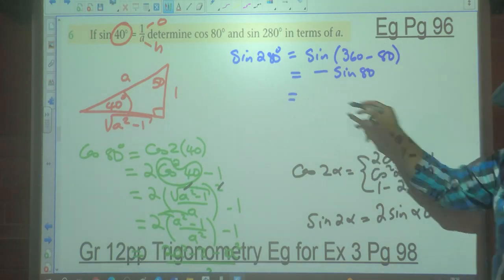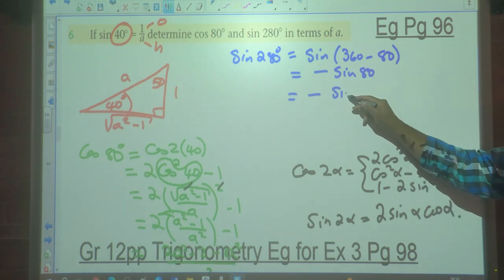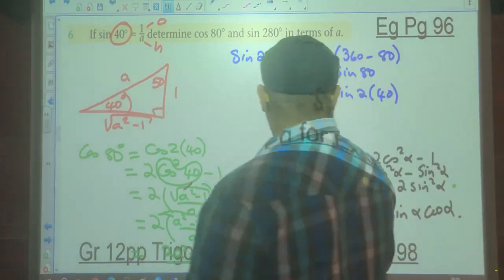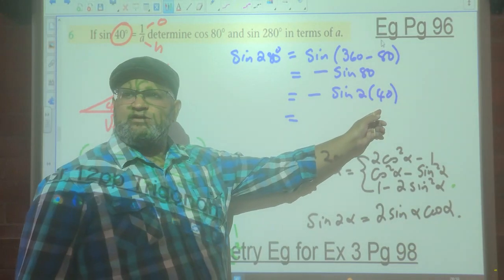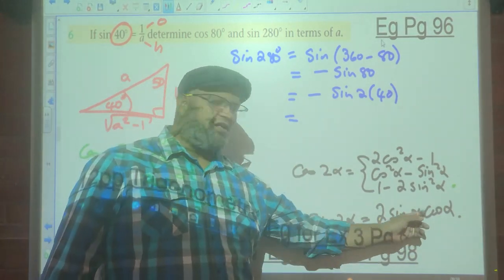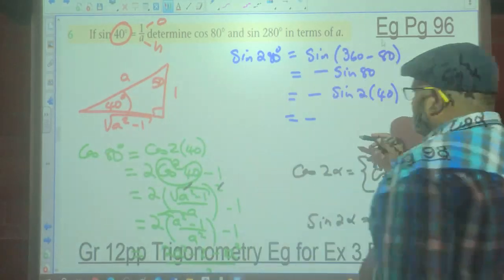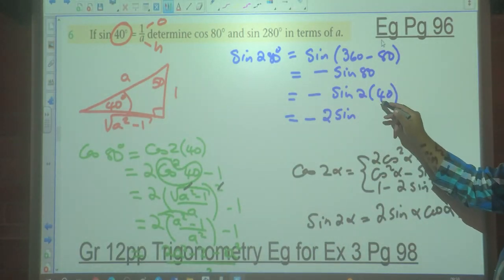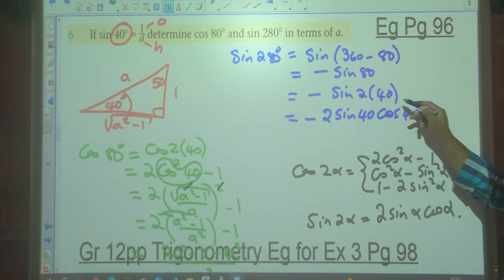This can be written as negative sine 2 times 40. So now this is going to be sine 2 alpha. Not so? So sine 2 alpha can be written as 2 sine alpha cos alpha. So this would be negative 2 sine 40 cos 40, as alpha is now 40.